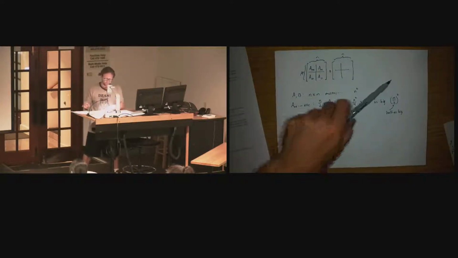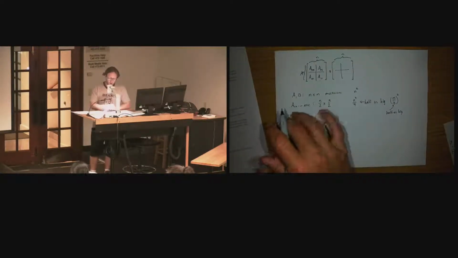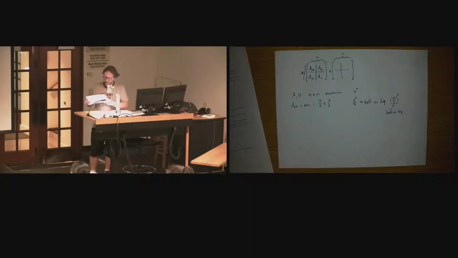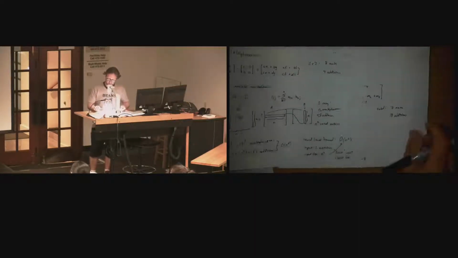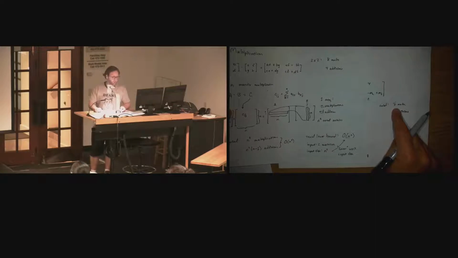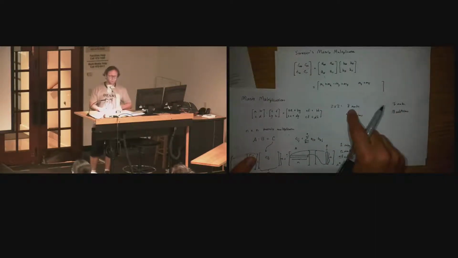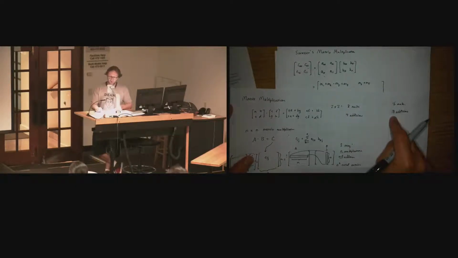Okay. So is this a savings? With Strassen's matrix multiplication, we've got 7 multiplications and 18 additions, versus regular old matrix multiplication with 8 multiplications and 4 additions. What have we done? We've more than quadrupled the number of additions at the savings of only 1 multiplication. Is that a big deal?